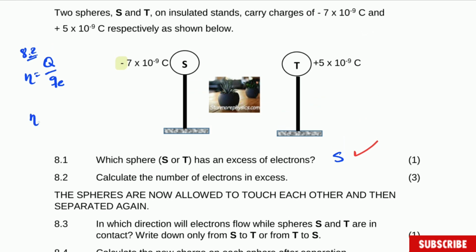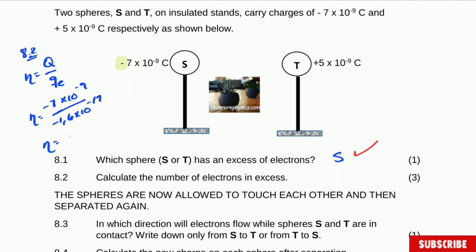So the number of electrons will be equal to minus 7 times 10 to the minus 9, divided by the charge of an electron, which is minus 1.6 times 10 to the minus 19.